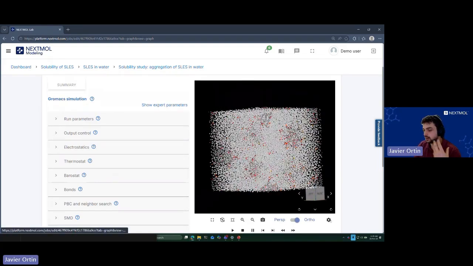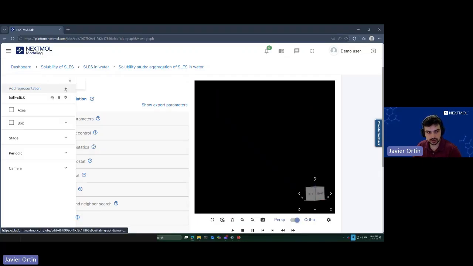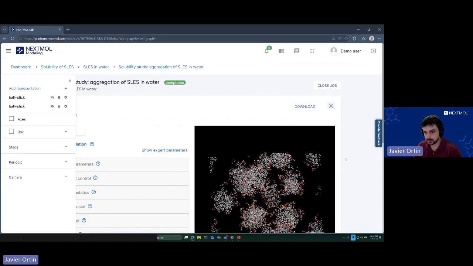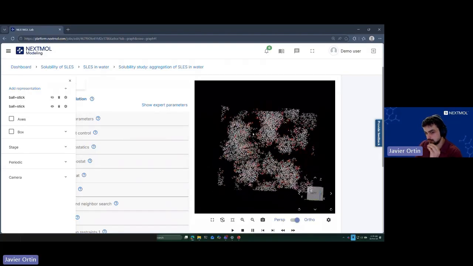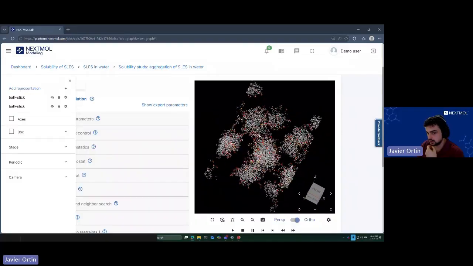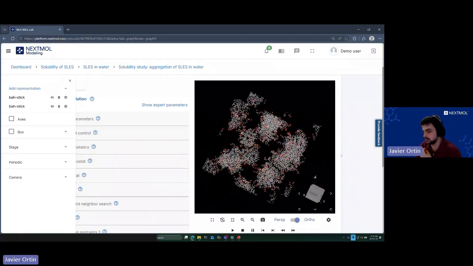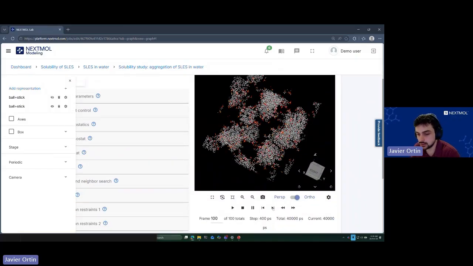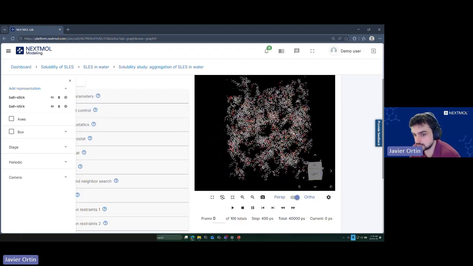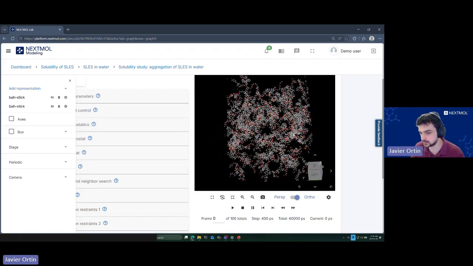Once again, we can help the visualization with some tuning. So we can hide this and just stick with the visualization of the lauryl sulfate. Now it's much easier to observe that at the end of the simulation, the lauryl sulfate is aggregated, meaning that this is not the best solvent for this surfactant, and that if we visualize the beginning of the simulation, indeed an aggregation process has happened.